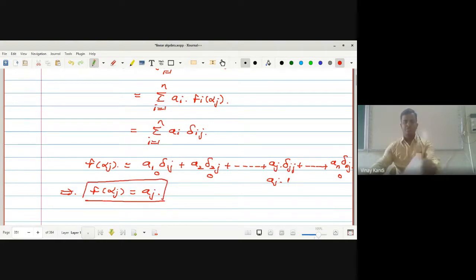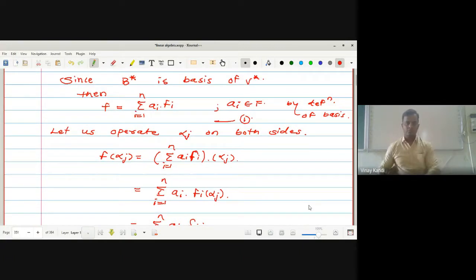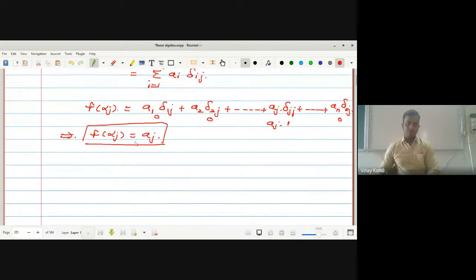What is aj, equal to, in equation 1? If this is aj, then what happens? Just change the index, only the subscript. f of alpha i is equal to ai. Okay, so this implies, from equation 1, f of alpha i is equal to ai. Now put the value of ai in equation 1.